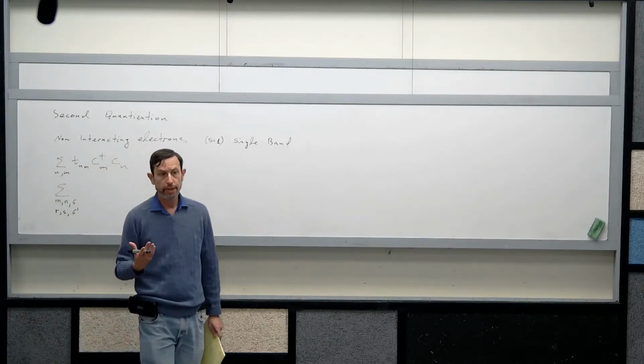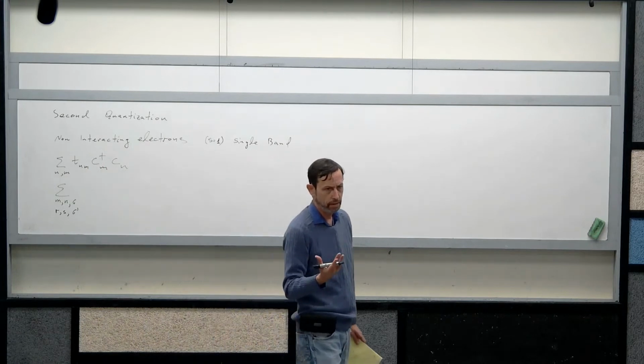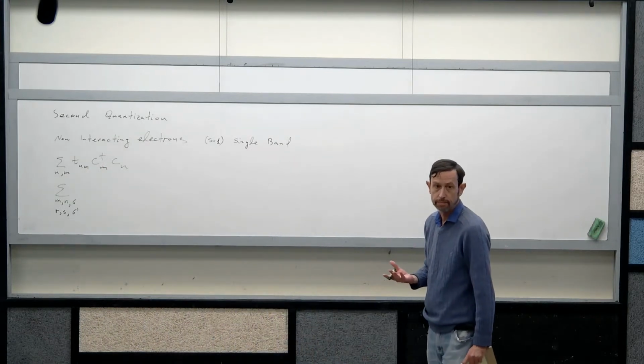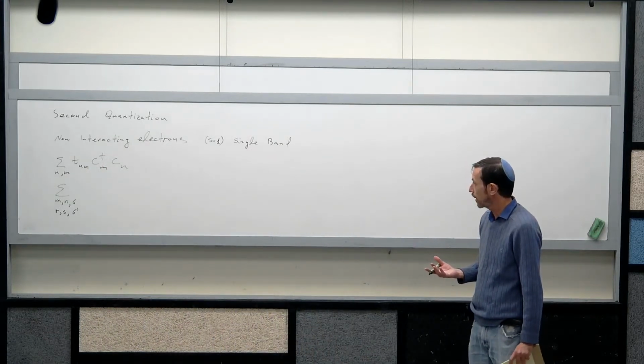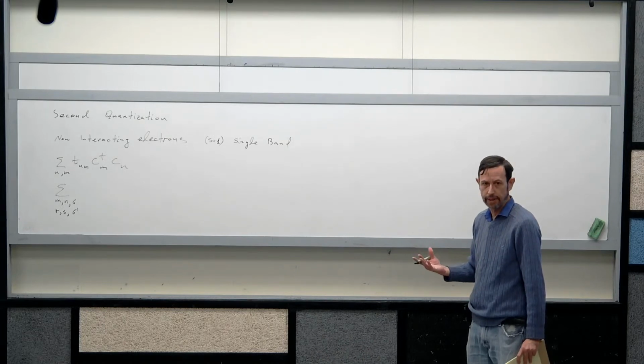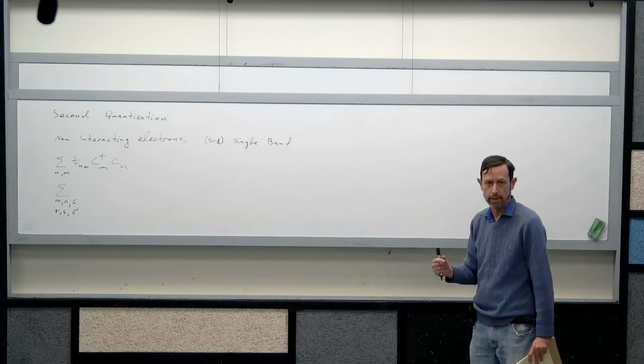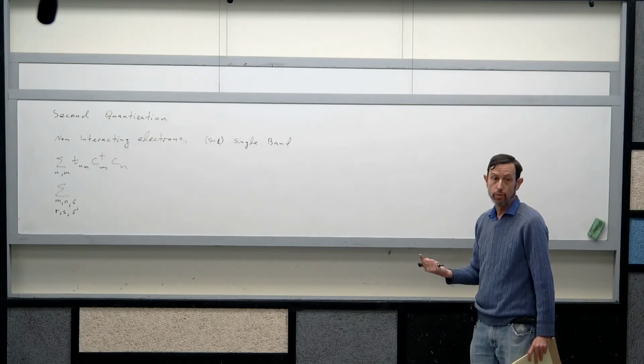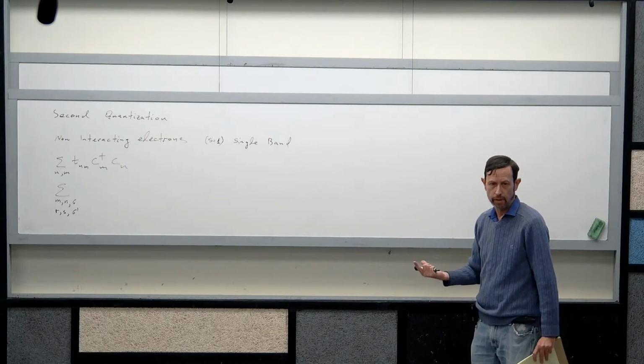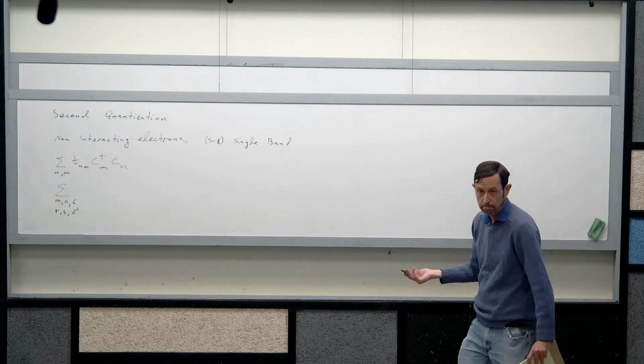We have four creation and annihilation operators. Therefore, we have points m, n, r, and s. Sorry for using the same s. And two possible spin directions, sigma and sigma prime.